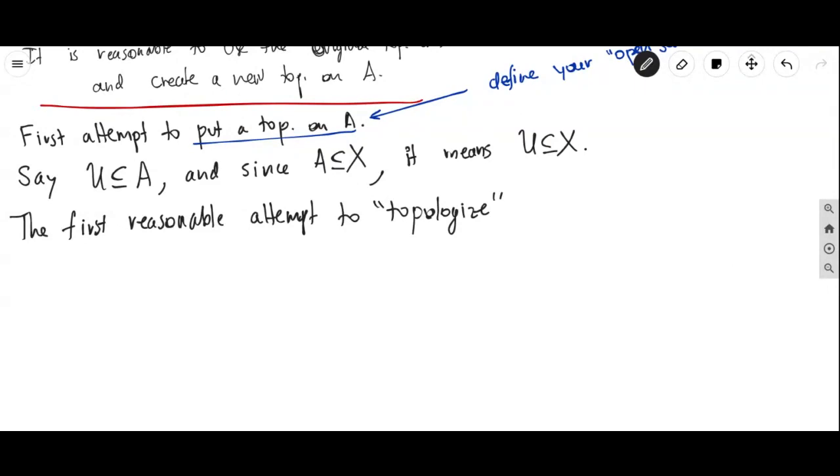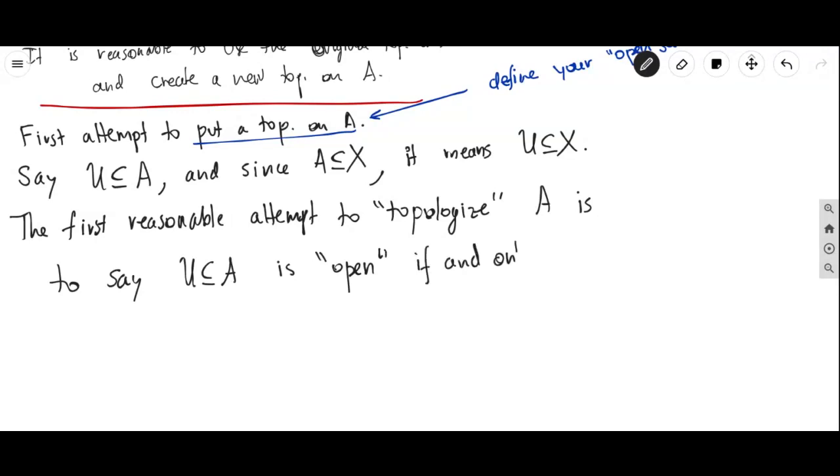So the first reasonable attempt to topologize A is to say that a subset U of A is open if and only if U as a subset of X is open. Because we already have a topology on X. So you say a subset of A is open as a subset of A when, viewed as a subset of X, it is open. And that is somehow the reasonable way to do it, but there's a problem.